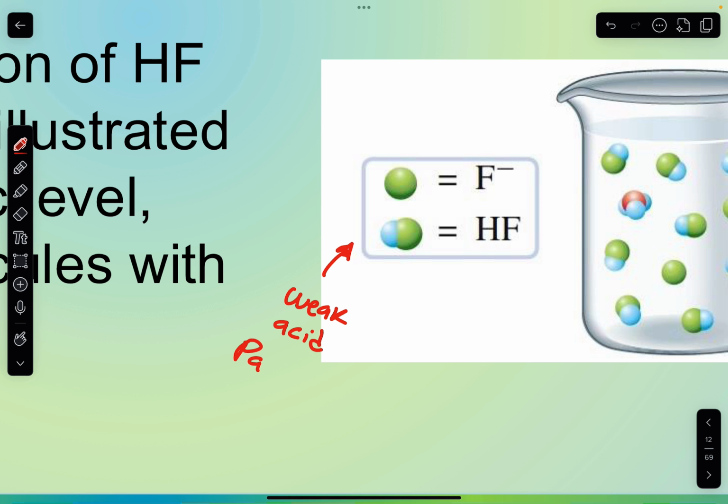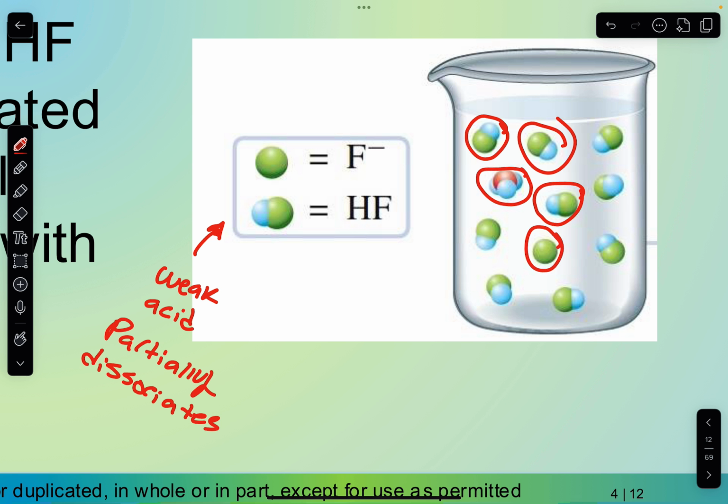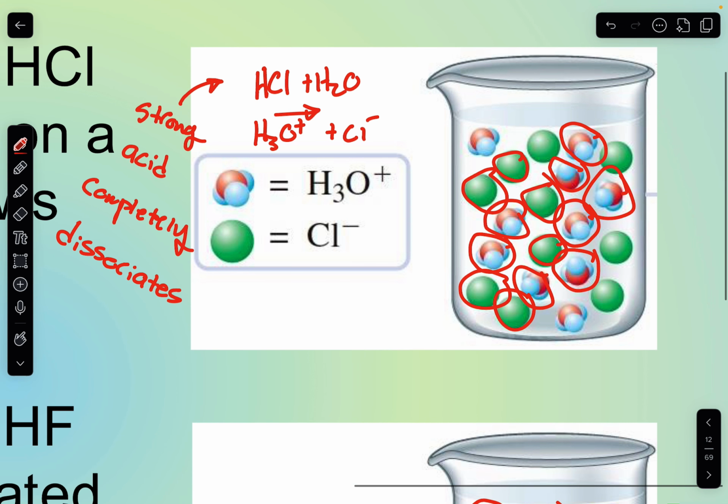It partially dissociates. And so if you were to look, you would see that you have HF, HF, HF, and then every now and then you will get an H3O plus and an F minus, but it's not going to be nearly as common as if you were to do it with a strong acid.